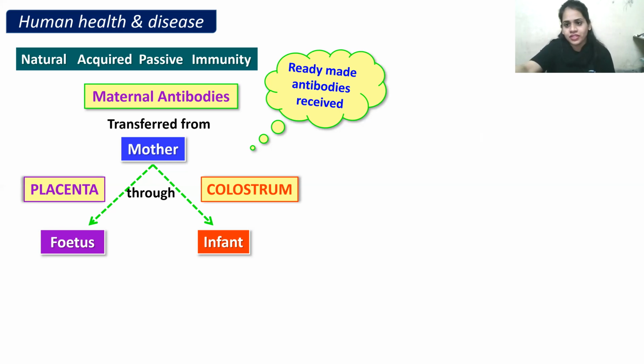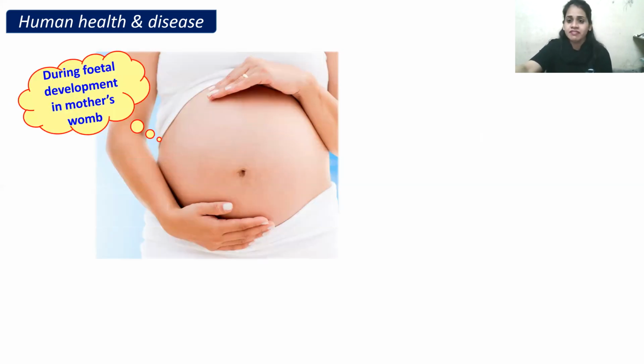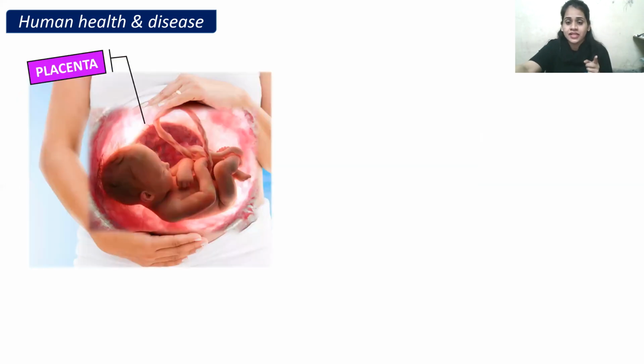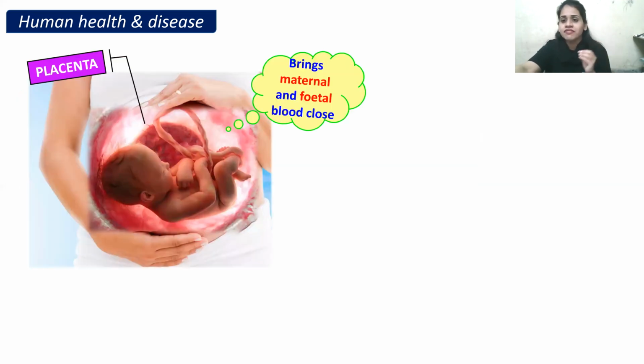Okay. So during fetal development in mother's womb, the baby is connected to the mother via the placenta, right? So this is the placenta. See how the baby is connected. Okay, through placenta. And through this placenta, the maternal and fetal blood are in close contact. Why is it in close contact? That we'll be talking about when we cover the chapter human reproduction.